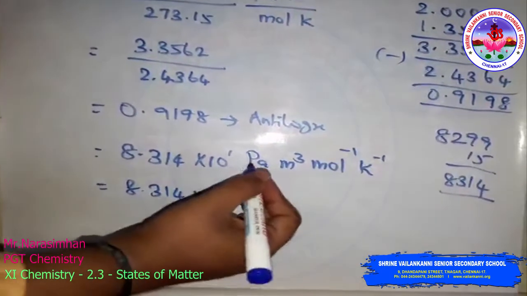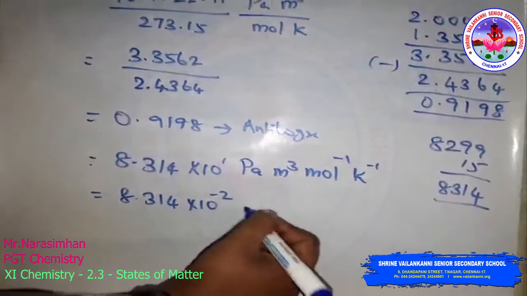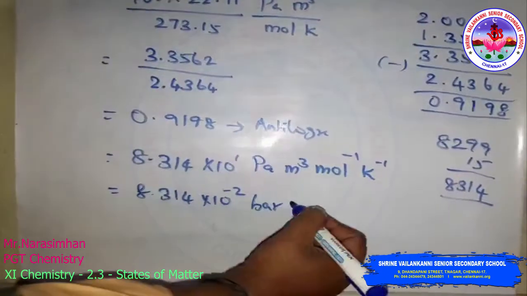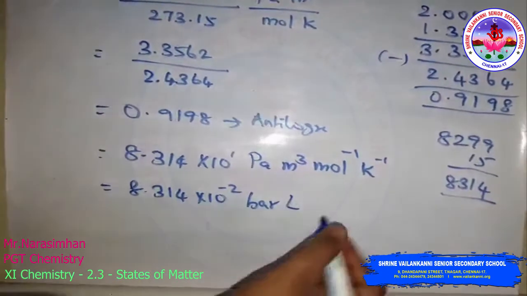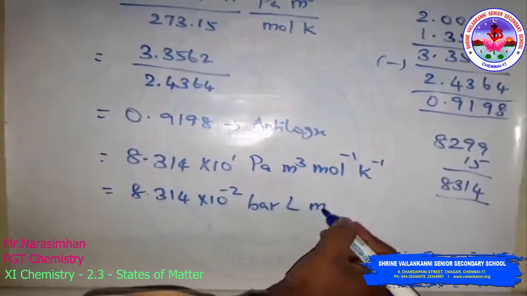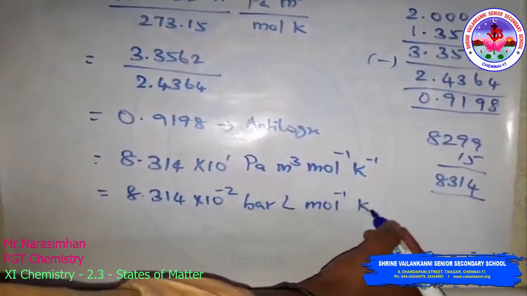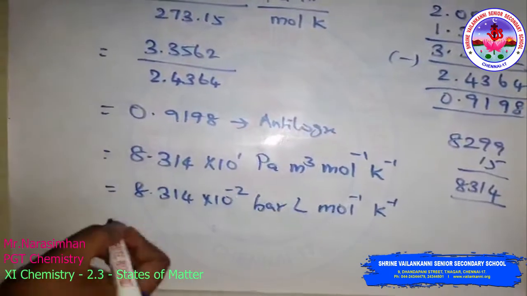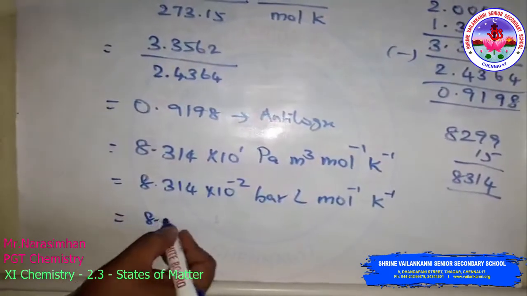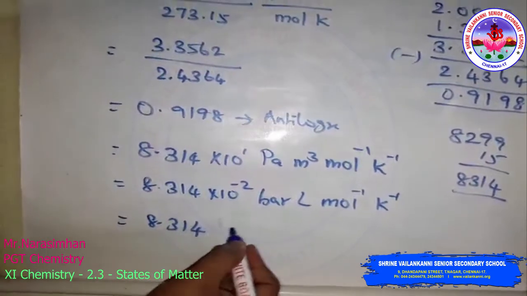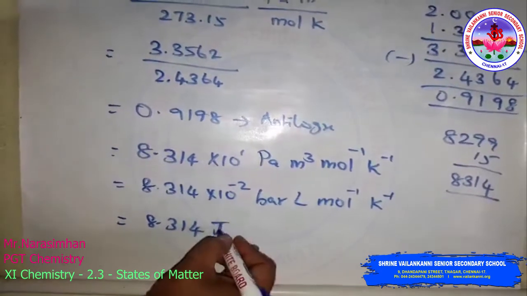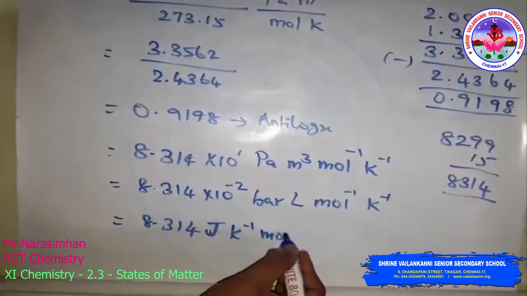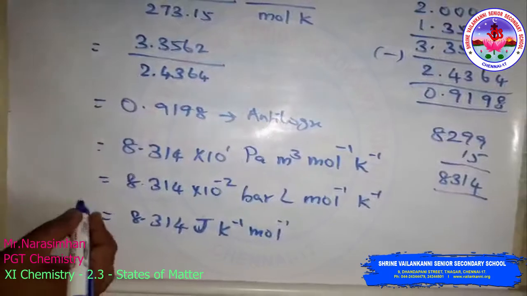Then the Pascal converts to bar. So bar already that is 1 liter, so that you have to add that unit is liter, and the remaining is what? Mole inverse and the Kelvin inverse. Then the converting of joule, you can get 8.314 joule Kelvin inverse and mole inverse. So this is the R value.